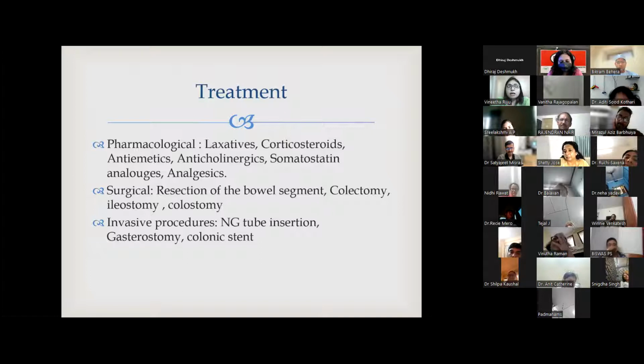So at a house visit, generally what we do, if it's a complete obstruction, like you had suggested earlier, is the digital evacuation and the enema. And we give then and there a dose of dexamethasone and an antiemetic.